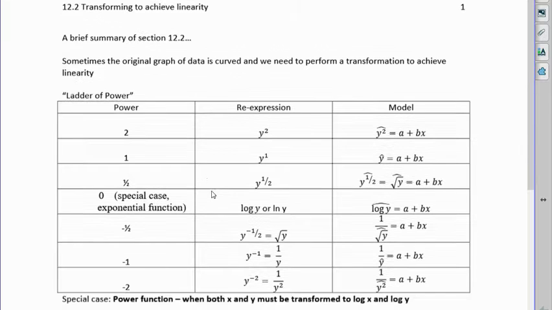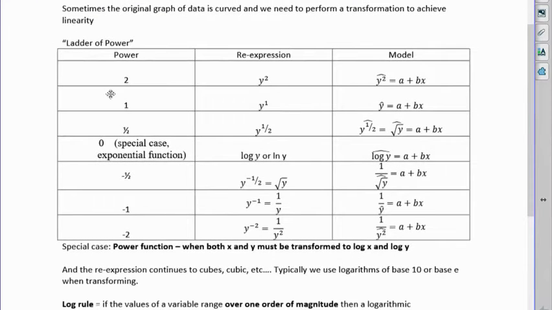If you look at this situation, we've only been doing problems where our power was a 1. So we had things where they were right away making something that was linear. But sometimes we have to transform either the X list or the Y list.